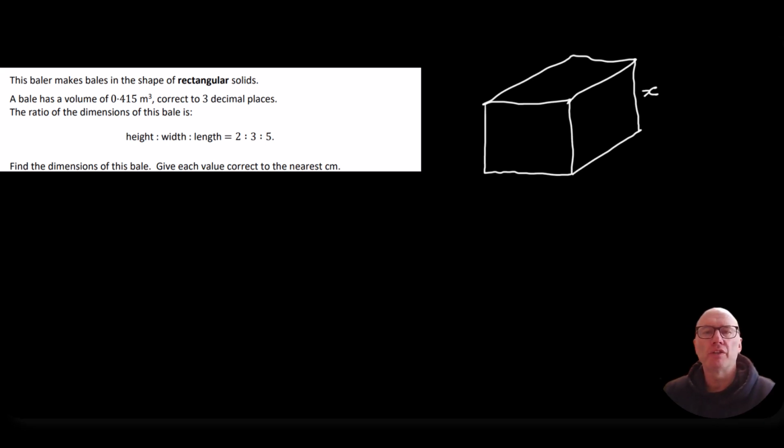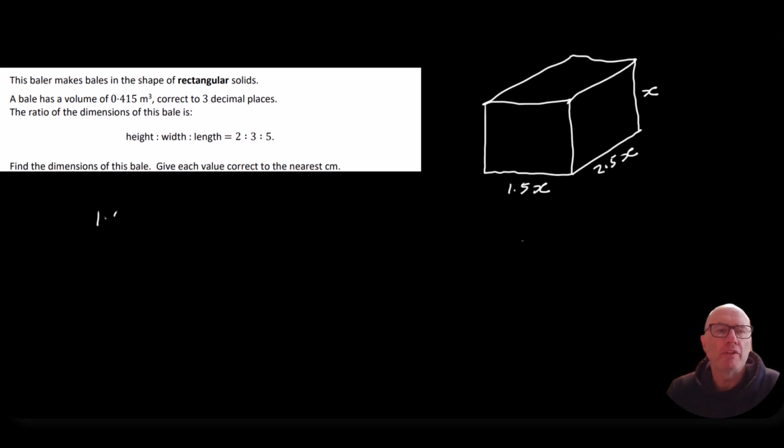The width is 3, so let's take this here as being the width, and that's going to be 1.5 times x. If you multiply 2 by 1.5, you'll get 3. So this is going to be 1.5x, and then 5 is 2.5 times 2, so that's the length, so this is going to be 2.5 times x. Now when you multiply these three together, you get 0.415 meters cubed. So let's do that.